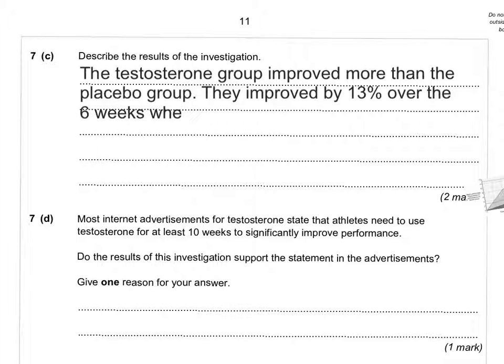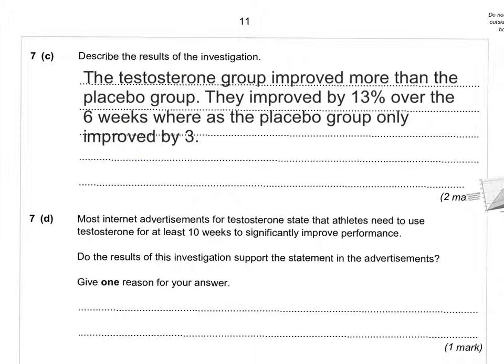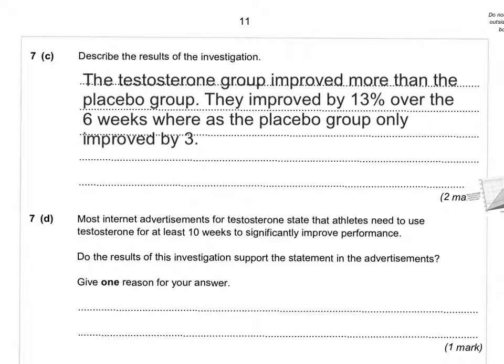And then just compare that to the placebo group. So whereas the placebo group only improved by 3%. Okay, so any questions where you're having to describe data on a graph, that should be what you're looking to try and do. So say what the general trend is, and then for the 2nd mark, actually use some of the data that's on the graph there.